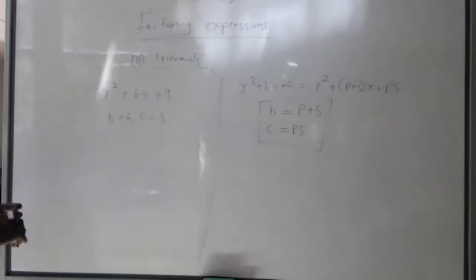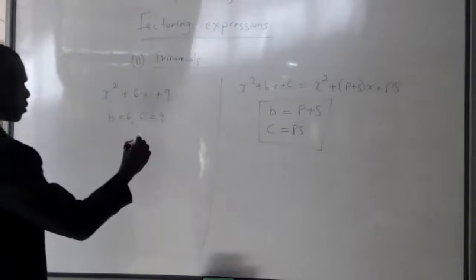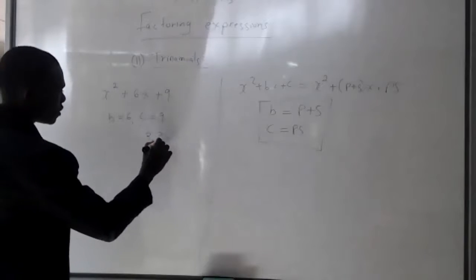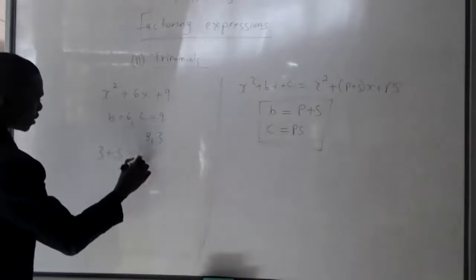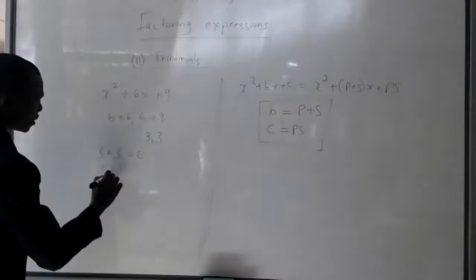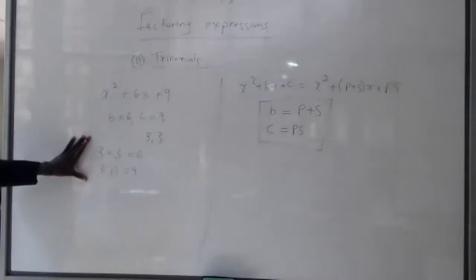You normally do this by trial and error, but after some time with experience, you will just do it automatically. So for example, the numbers 3 and 3. 3 plus 3 is 6, and 3 times 3 is 9. I already have my p and s.